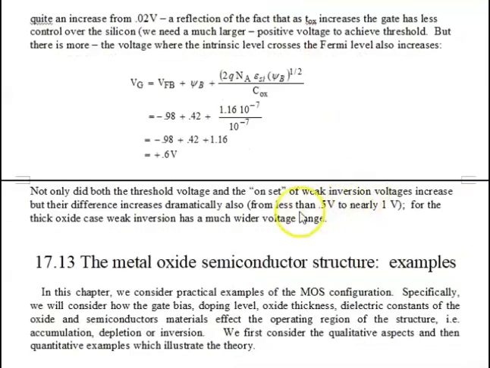That is big. So from less than 0.5 volts, it increases to nearly 1 volt. That is not good. That is not good at all. We want to make it smaller. So what we've done here is do exactly the wrong thing.